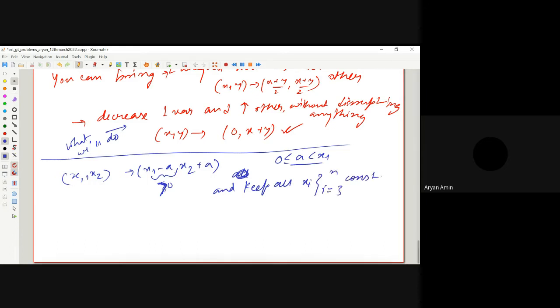So what can you say about the f value of the new n-tuple, where the first term is x1 minus a, the next term is x2 plus a, and the rest of the terms are the same?